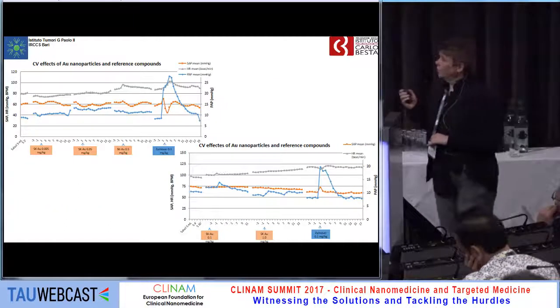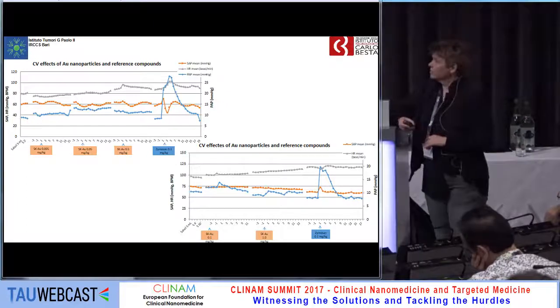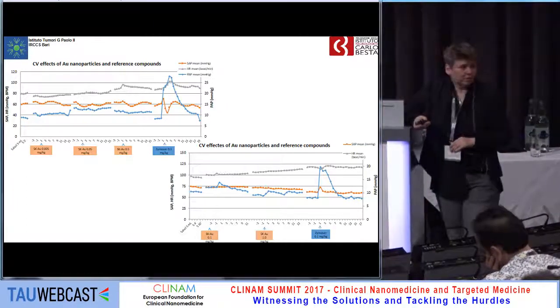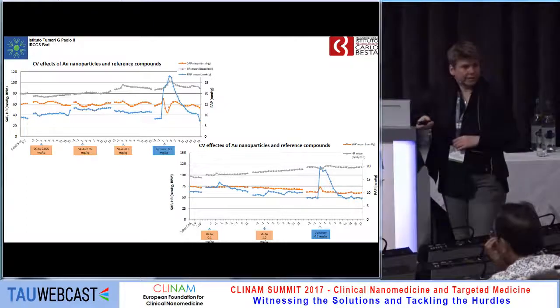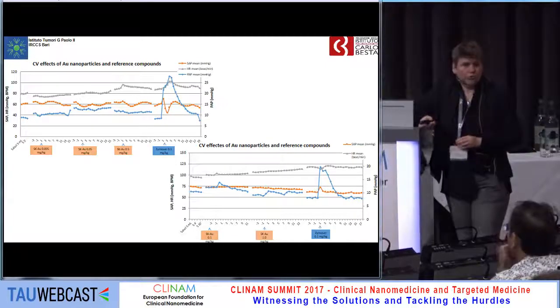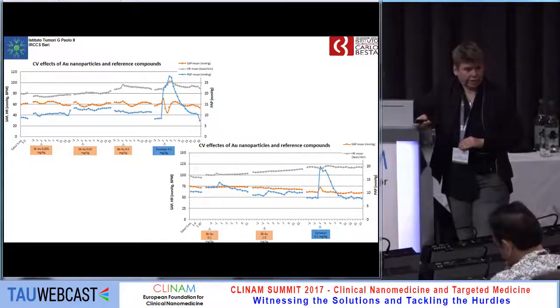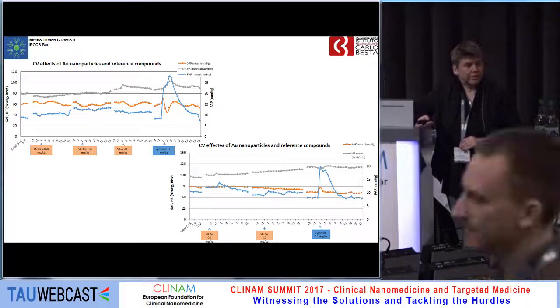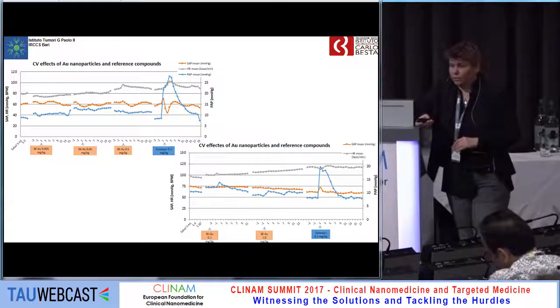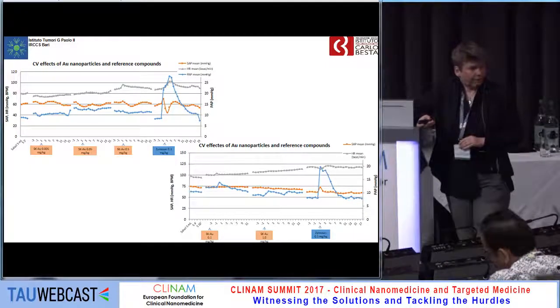And these particles usually didn't show any toxicity in cell experiments, so we were curious to see what happens if we inject them in pigs, if they cause any kappa effect.